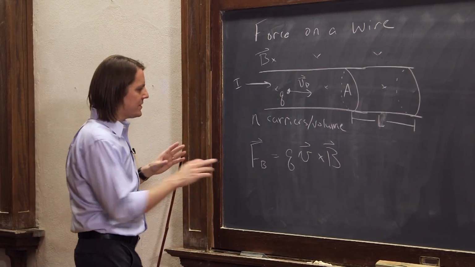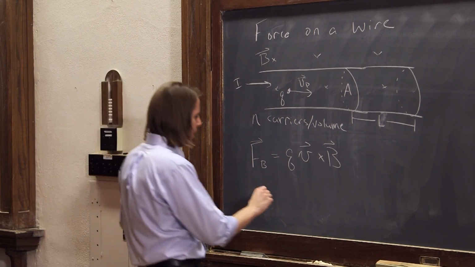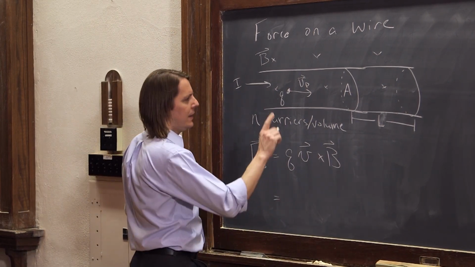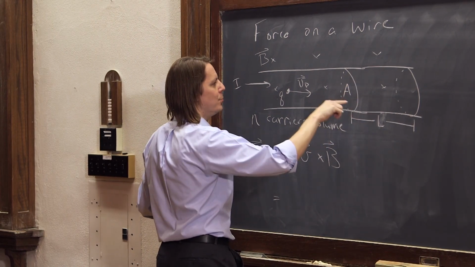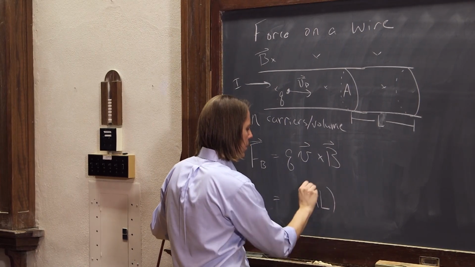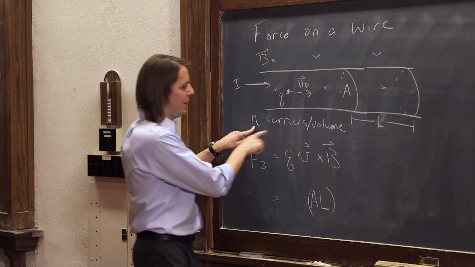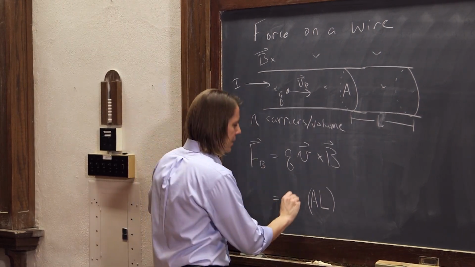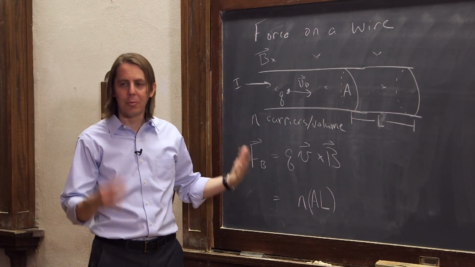So now, let's see if instead of just Q, we can put all the charges in, not just the single charge. So that would be what? Well, we would need to get all the charges inside this volume. So that volume is equal to A times L. There's your volume. To get the number of carriers, you would multiply that volume times N. N is carriers per unit volume. You multiply it times the volume. That's the total number of carriers.